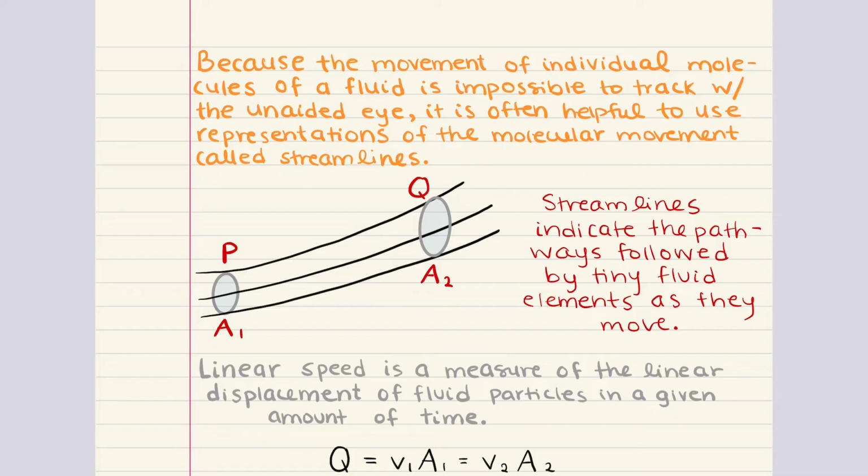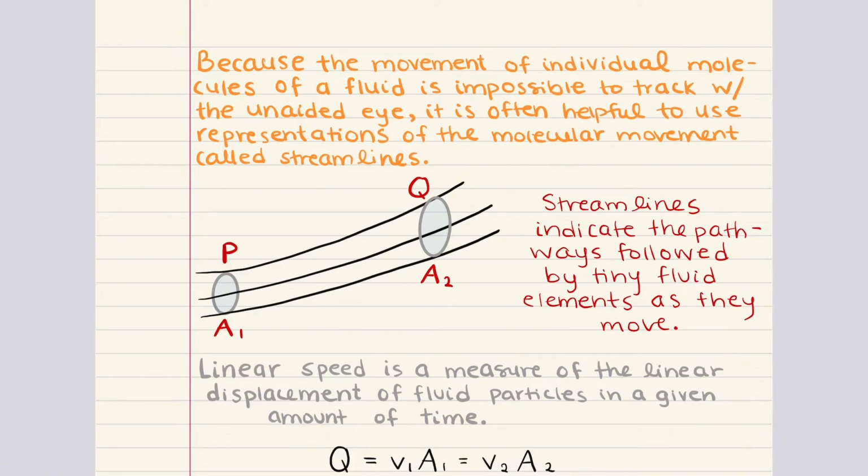So imagine streamlines as invisible trails that show the direction of fluid motion at every point, much like the paths left by leaves floating on a stream. Streamlines help us understand fluid motion by indicating how different parts of the fluid are moving.